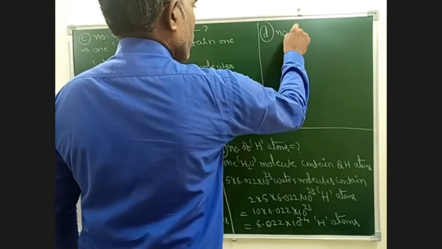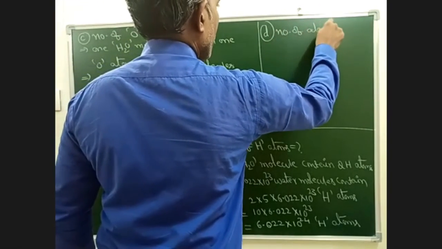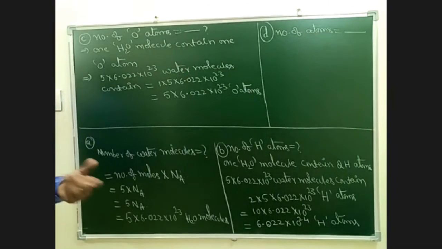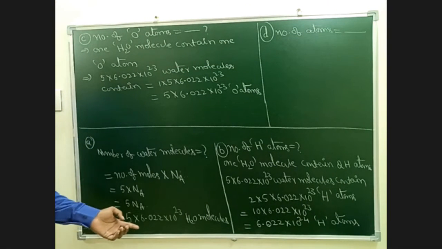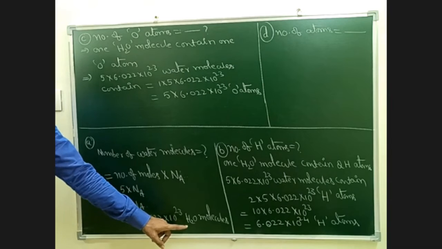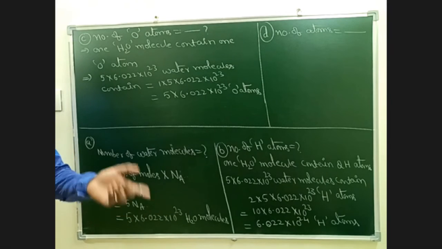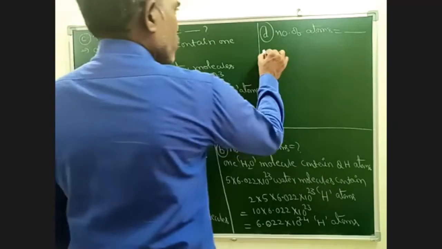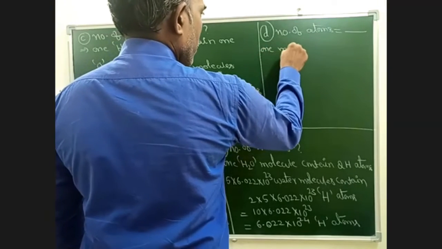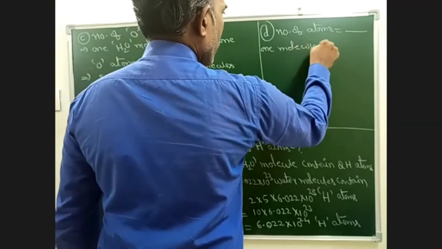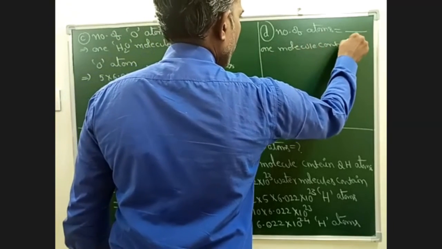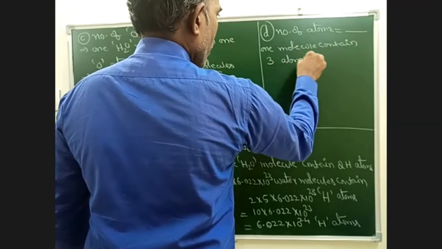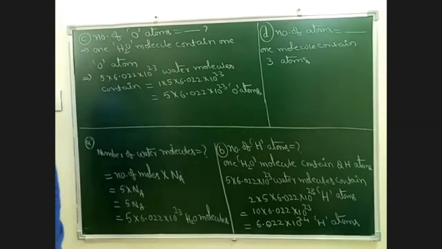As we know, a molecule is formed by the combination of atoms. Here, what is the molecule? H2O molecule. How many atoms does an H2O molecule contain? 3 atoms, 2 hydrogen and 1 oxygen. So one molecule contains 3 atoms.